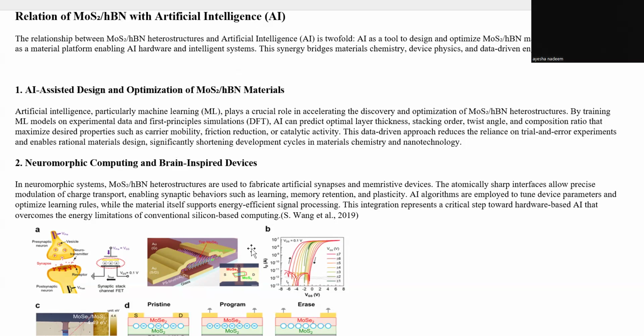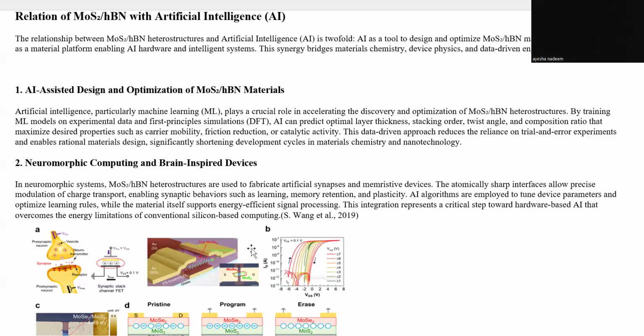By training machine learning models on experimental data and first principles simulations, AI can predict optimal layer thickness, stacking order, twist angle, and composition ratio that maximizes desired properties such as carrier mobility, friction reduction, or catalytic activity. This data driven approach reduces the reliance on trial and error experiments and enables rational materials design, significantly shortening development cycles in materials chemistry and nanotechnology.